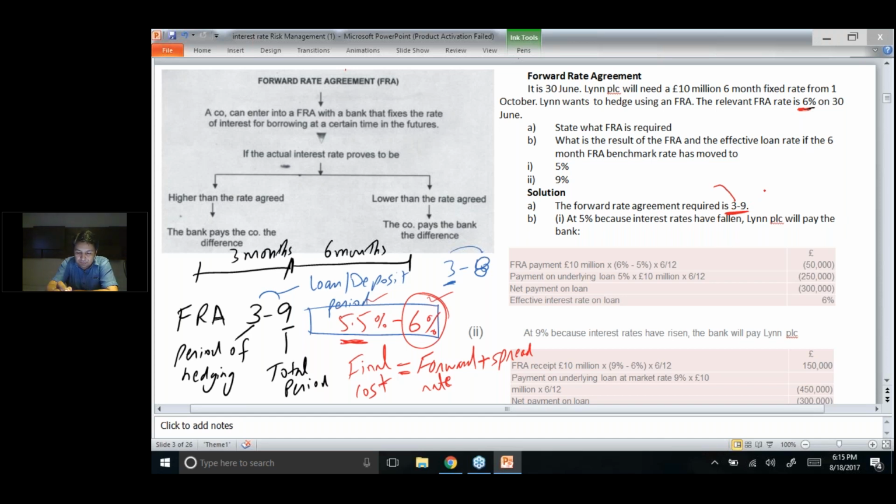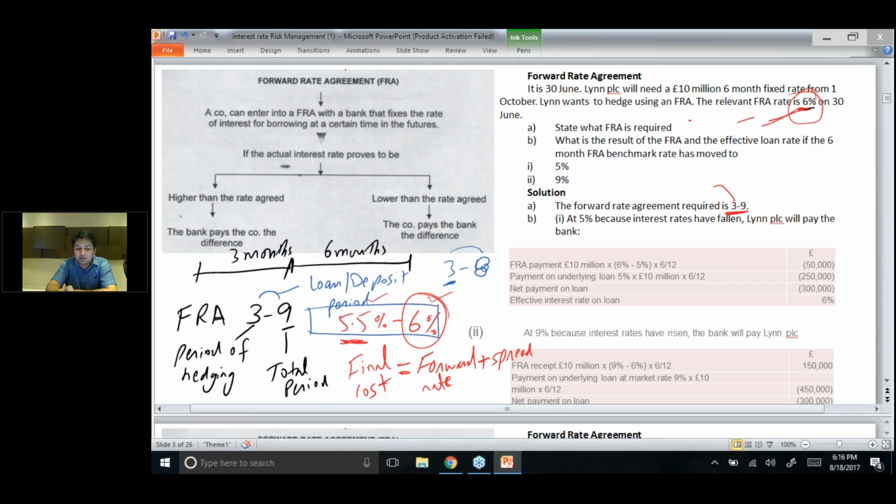Okay, whether interest rate rises or falls, your locked interest cost is 6%. Definitely you will have to pay 6% if interest rate rises or falls. In this question, credit spread is not given, but if credit spread is available, definitely you will pay 6% plus the spread.